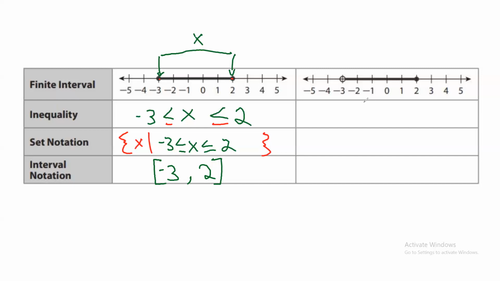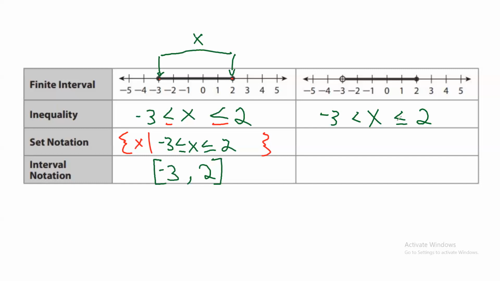Here. -3 and 2, same numbers. So to my inequality, I'm going to write x in the middle. I'm going to take my low end, which is -3. Take my high end, which is 2. -3 is less than x, which is less than or equal to 2.